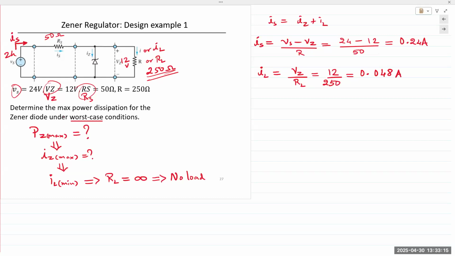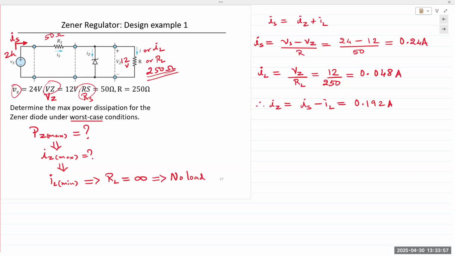Once we have these two values, we can find the value for IZ. IZ from the first equation is IS minus IL. This comes out to be 0.192 amps. So under these conditions, where the load resistance is 250 ohms, IZ would be 0.192 amps.